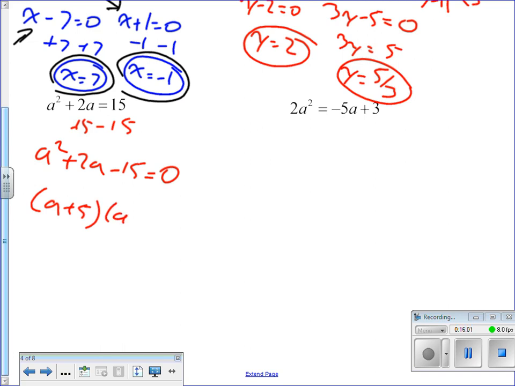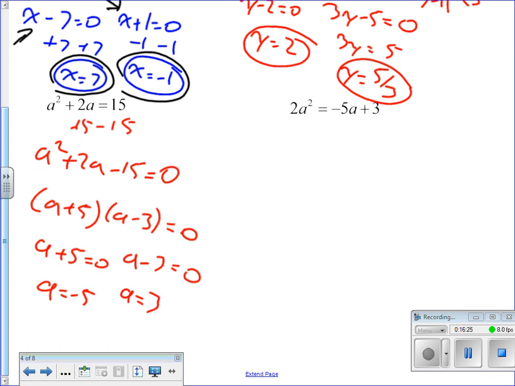A plus 5, a minus 3 is equal to 0. If you need to set up the X box to do that, please feel free. Please feel free to do what you need to do to get it right. Okay. That means a plus 5 is equal to 0. A minus 3 is equal to 0. A equals negative 5. A equals positive 3.